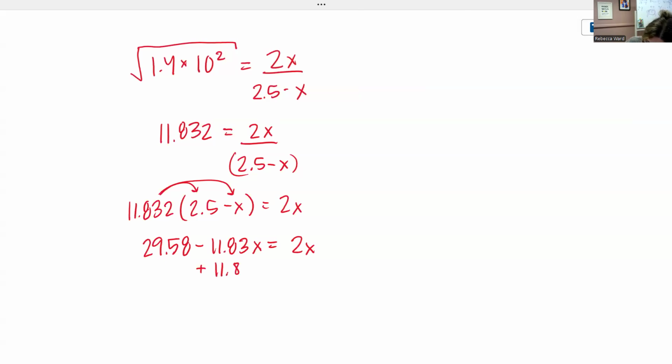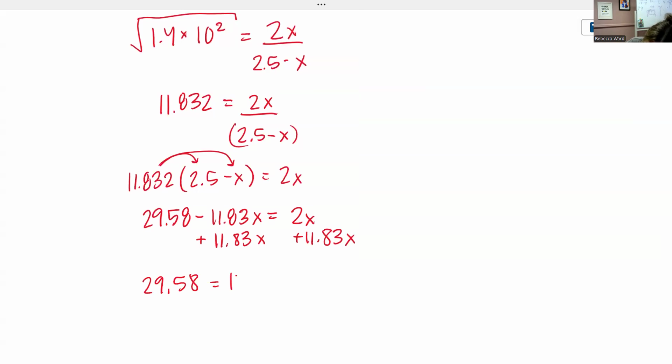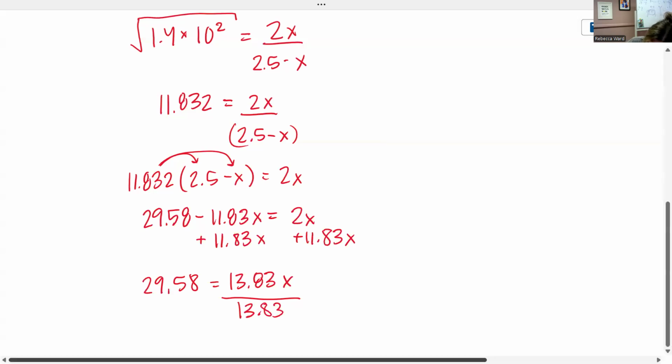Okay, now I'm going to combine terms. So add the 11.83x. As already mentioned, I have very little love and tolerance for sig figs when I'm doing stuff like this. 13.83x. Okay, now I'm really close. I just need to divide both sides by 13.83.